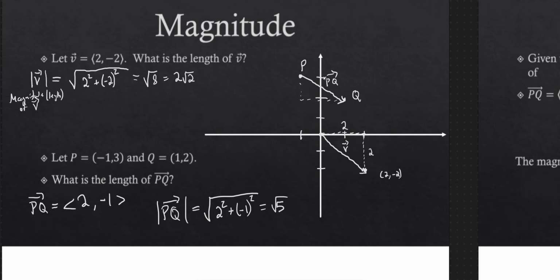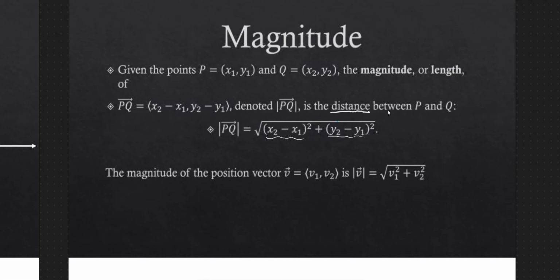And that's coming exactly from the geometry of the situation, that what we're really doing is computing the length of the hypotenuse. That is, we're computing the distance. This is an important thing, the distance between P and Q. And so what we have here is the distance formula. This should look familiar to you. This is the same as the distance formula between 2 points.